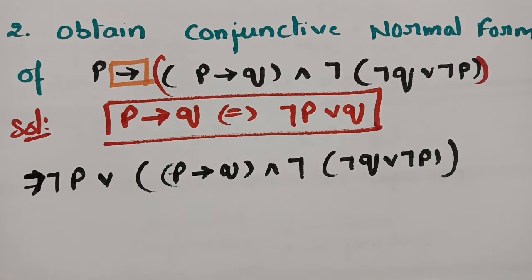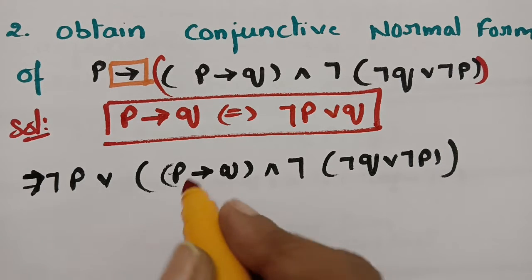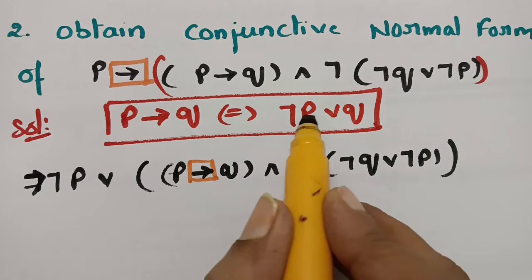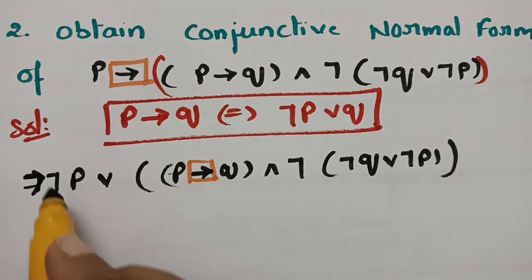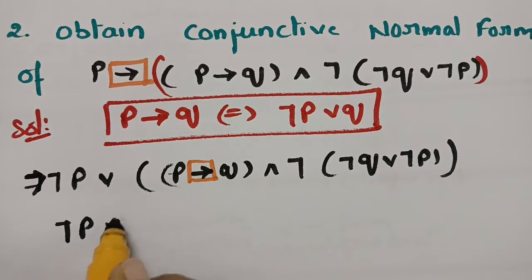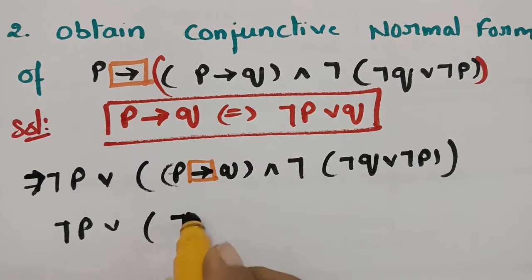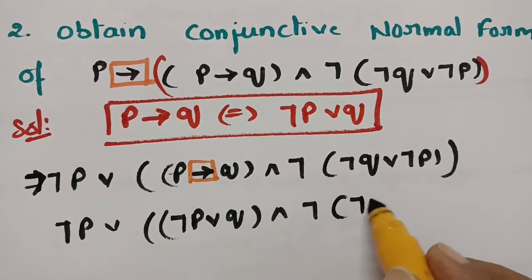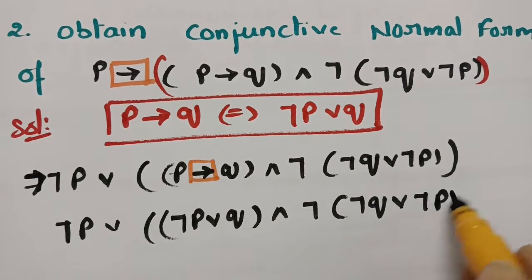And again there is an implication here. Again I am going to use the same formula, P implies Q is equal to negation P or Q. So this will be negation P or Q, and this is negation of negation Q or negation P.